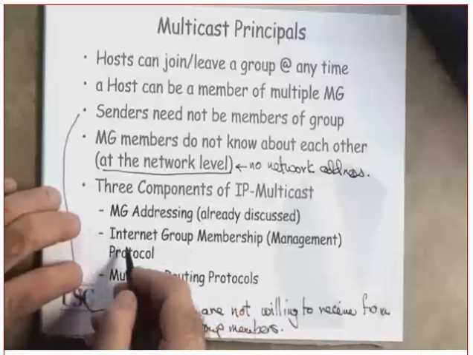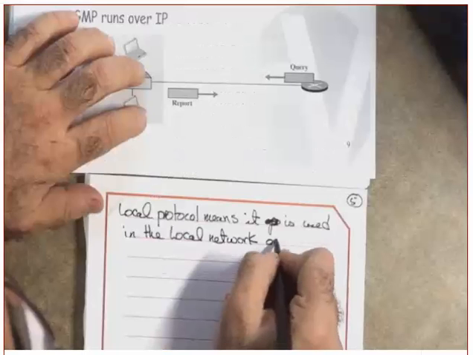Clear? The router periodically will send an IGMP message asking the following question: is there any host interested in joining a multicast group?